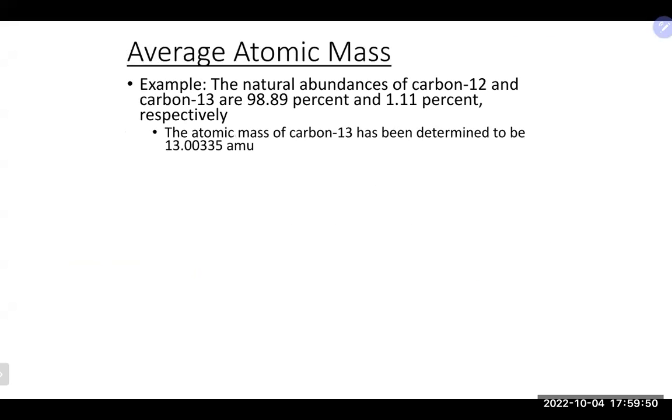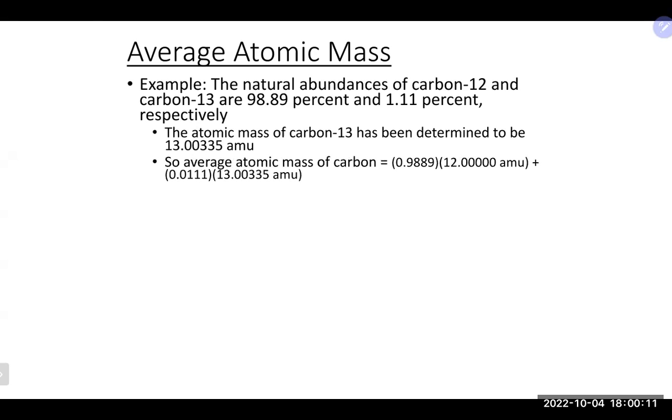So if we look at something like carbon, we see that the carbon-13 isotope and the carbon-12 isotope are the two isotopes that occur, and their natural abundance is carbon-12 about 99% of the time, and carbon-13 about 1% of the time. And we can use our formula that we just did there. This is 98.89%, right?